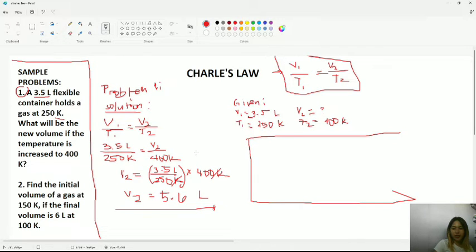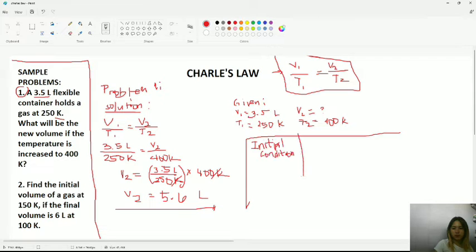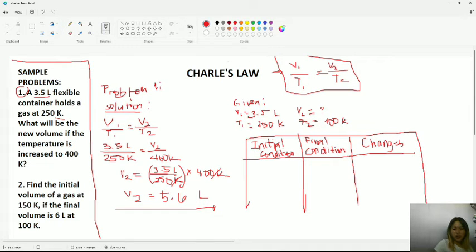We put the initial condition here, the final condition here, and the changes here. So, we put the initial volume, V1, which is 3.5 liters, to determine the changes.